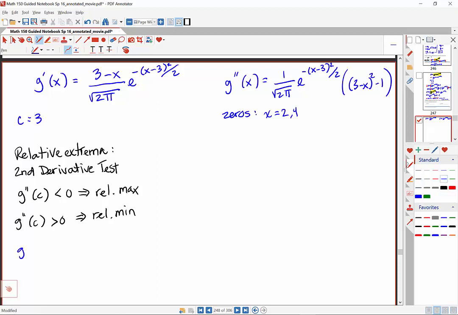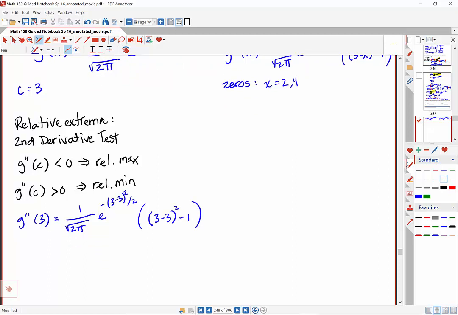G double prime at 3 is equal to 1 over root 2 pi times e to the negative 3 minus 3 squared over 2 times 3 minus 3 squared minus 1. So, let's see what we get. G double prime at 3 is equal to, the e to the 0, that's all just going to be 1.